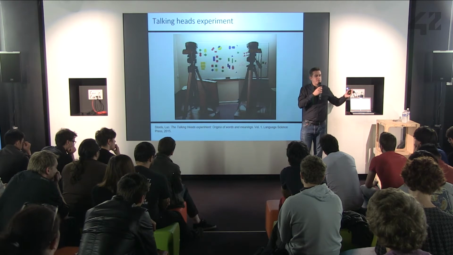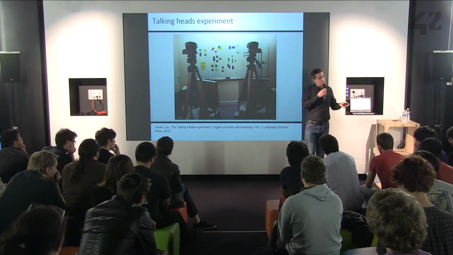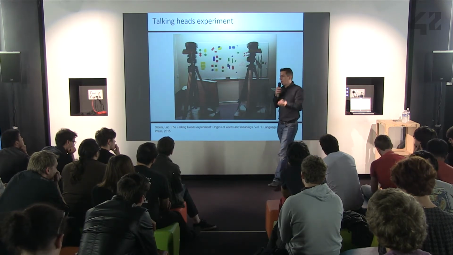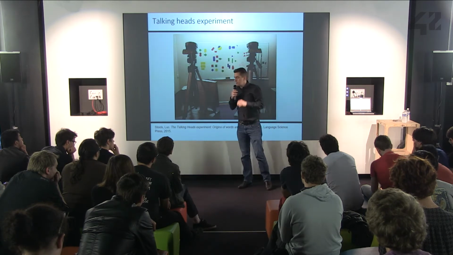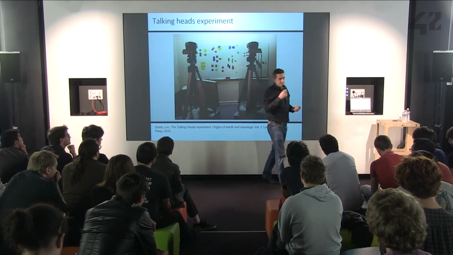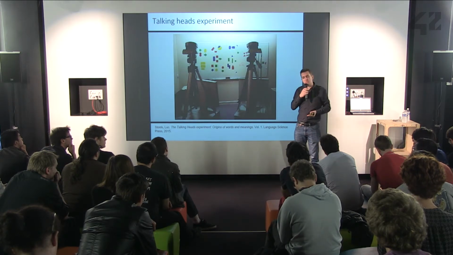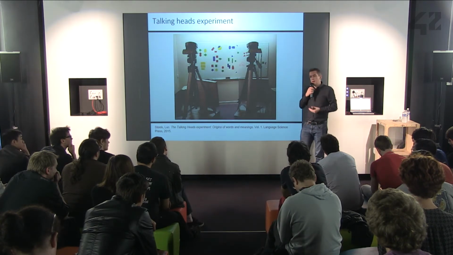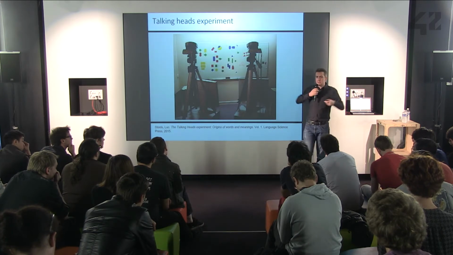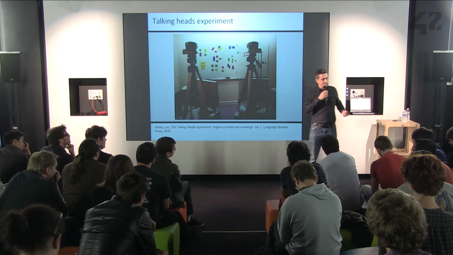Could be sometimes the order of words, like in English, or prepositions, or the way you end the words in German. So you have different strategies, no matter what it is. If it gets you a good communication, this is going to be selected by these agents and crystallize into their language.